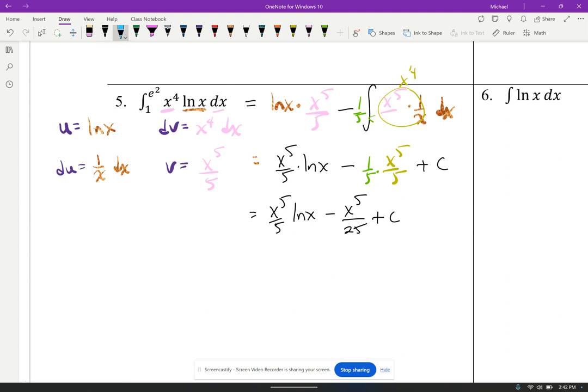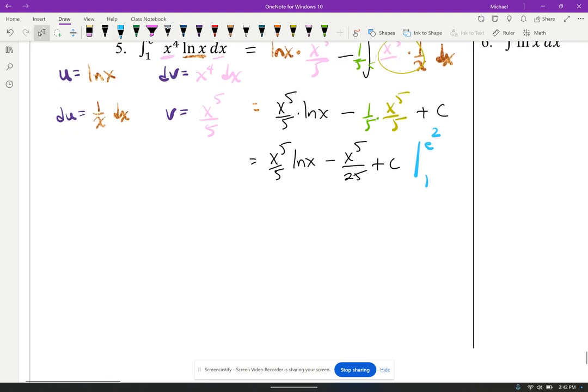Oh, but I need to evaluate that from 1 to e squared, which means I need to substitute those into my formula. So that's going to give me e squared to the 5th over 5 times the natural log of e squared, minus e squared to the 5th over 25, and that'll be the first part.